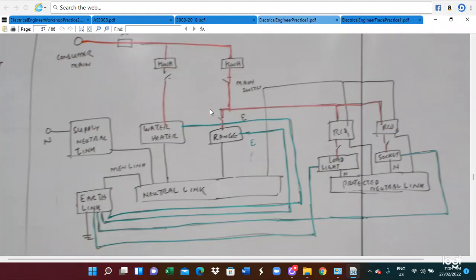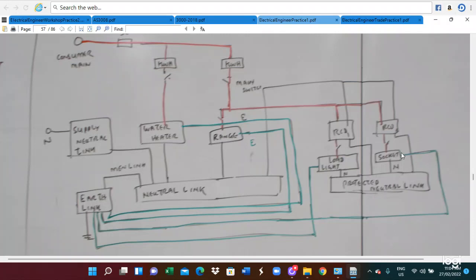But if you are using the electric lighting circuit, this kilowatt hour line is connected to RCD1 and RCD2. So this is load group 1 and load group 2. Load group 1 neutral is connected to the protected neutral, and this one is also connected to a protected neutral, this RCD connection.